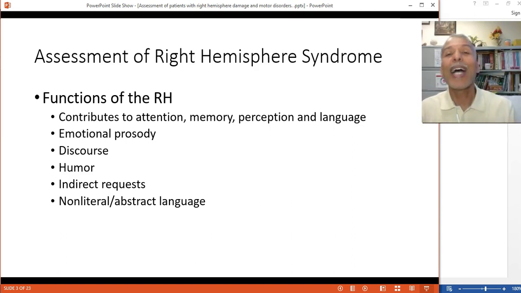If you want to make it an indirect request, you would do this. Would you please open the door? So you add a modal verb at the beginning. Would you? Could you please do this for me? Now listen to this. Can you count from 1 to 10? That is an indirect request. Someone with right hemisphere damage is going to go, okay, yes, I can. And that's it. They give you an answer. They take it literally.